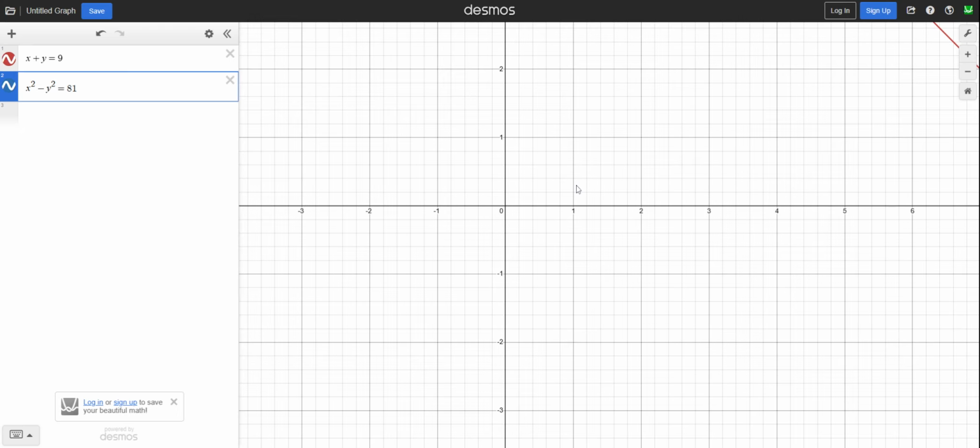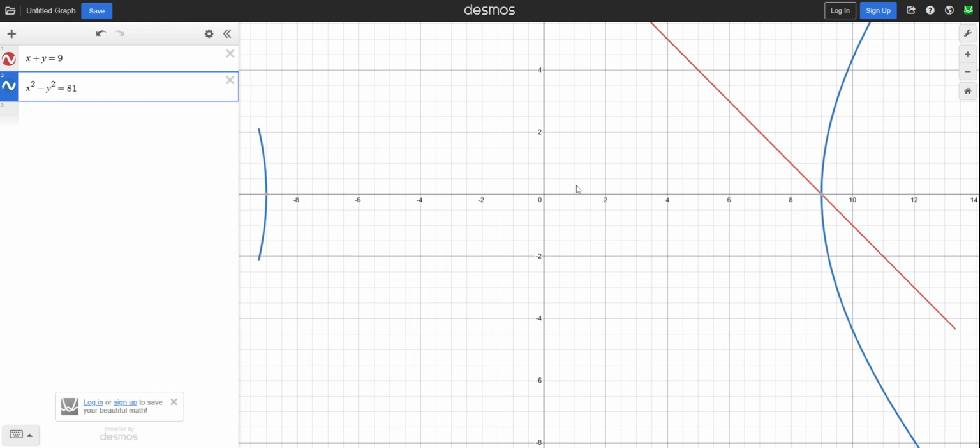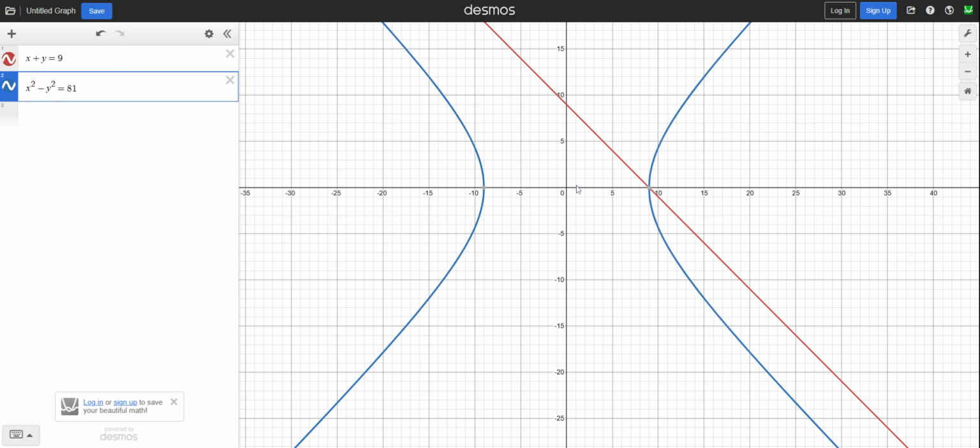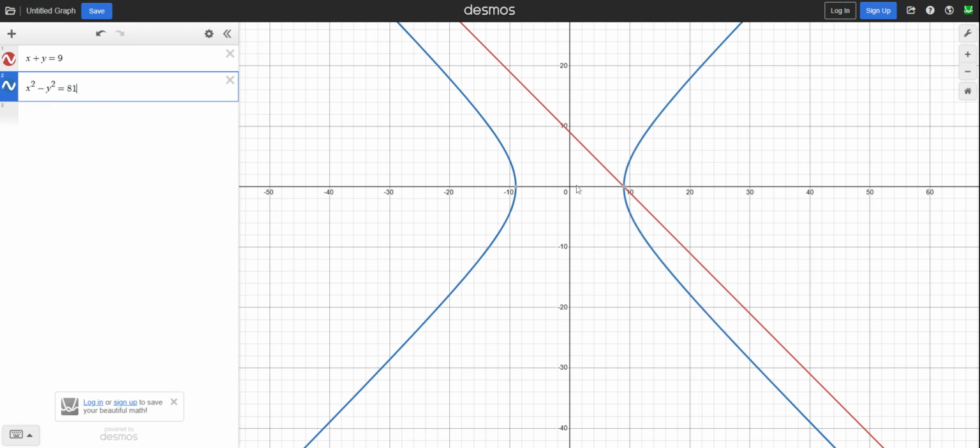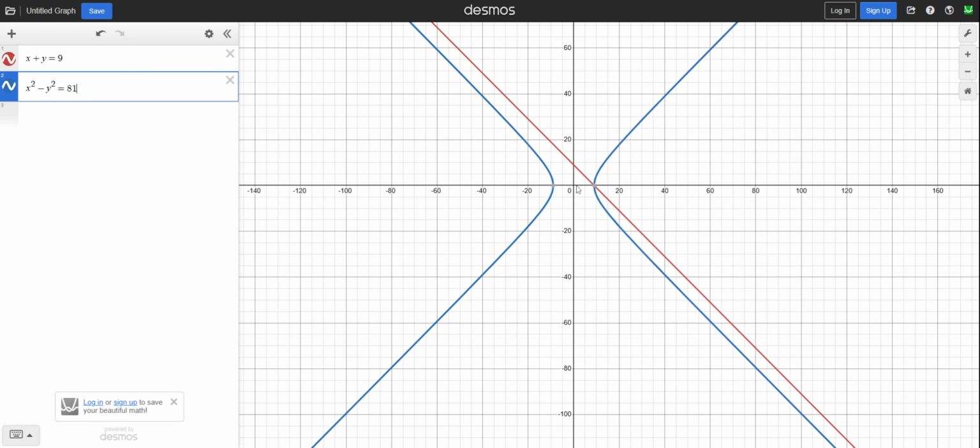Oh, yikes. So sometimes you have to look. And as you can see, this red line just keeps hugging the blue line except for this one little point. And that's 9, comma 0.